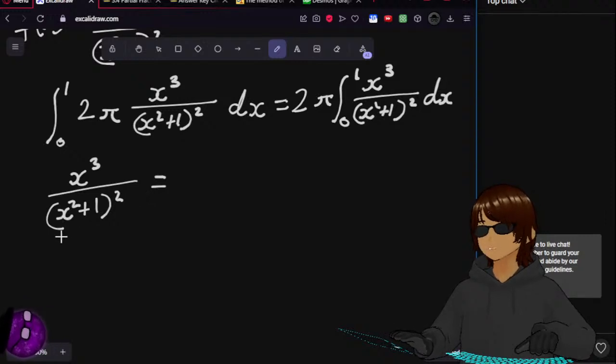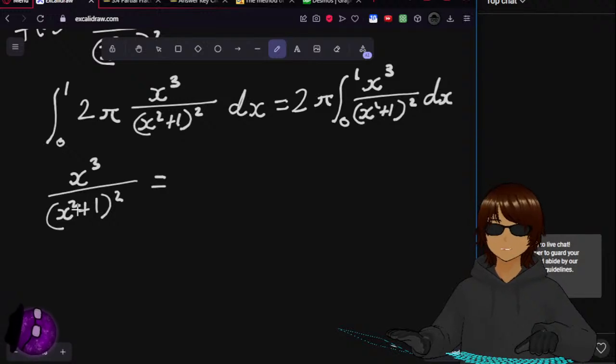X squared plus 1 doesn't have, it's irreducible, right?